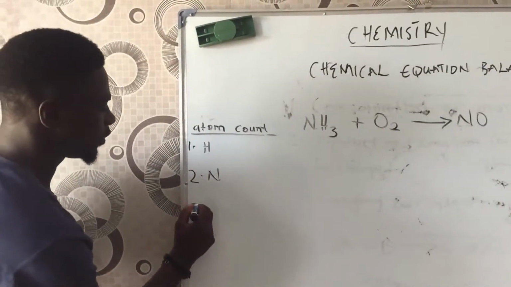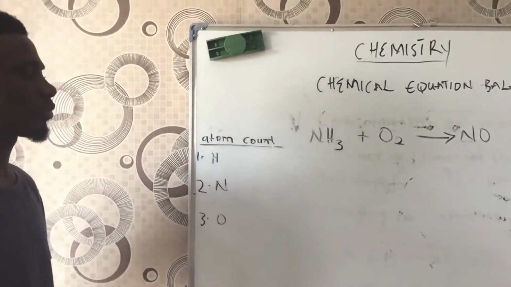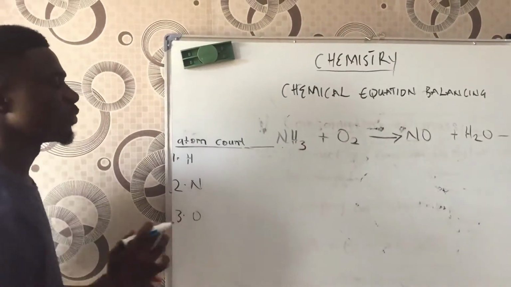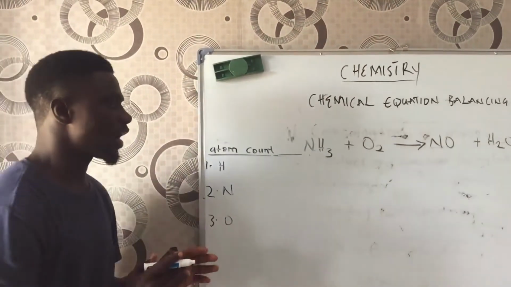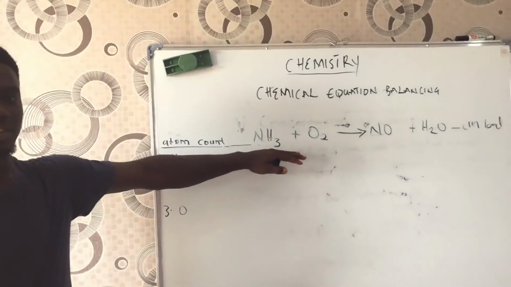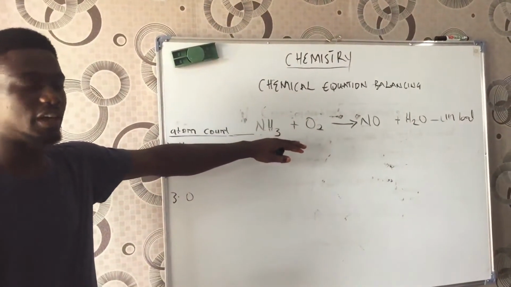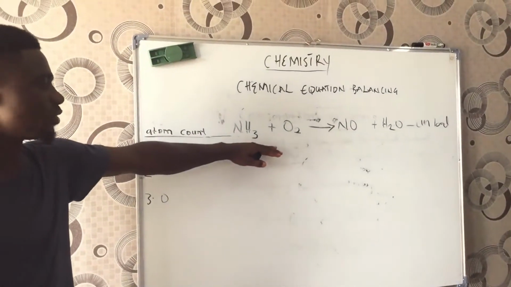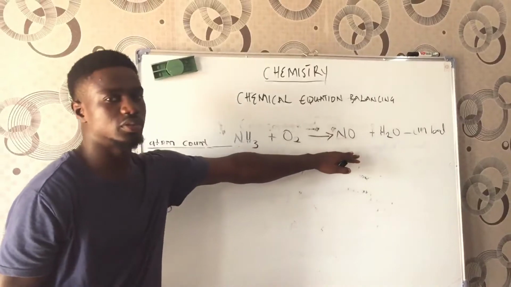And number three, we're having oxygen. Now, there is something you're also going to take into consideration: there's a right hand side and there's a left hand side. This is the right hand side, this is the left hand side. This is the reactant and this is the product.